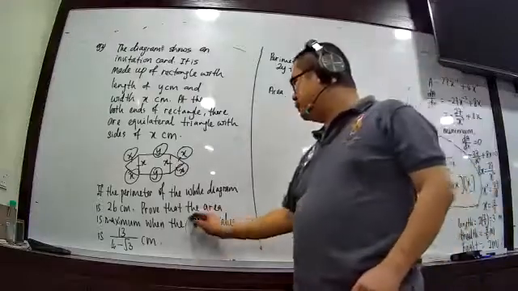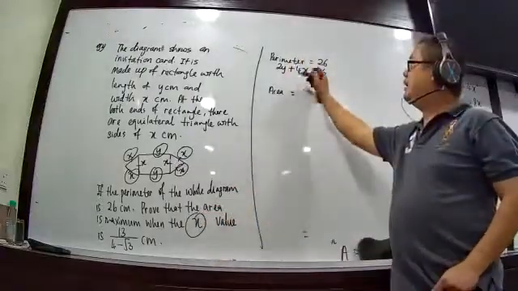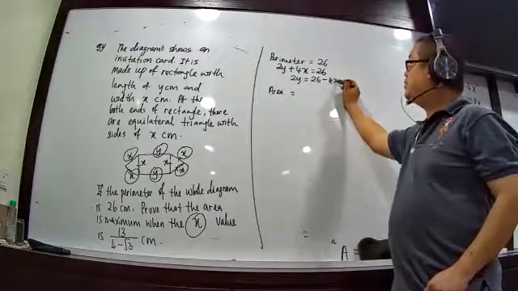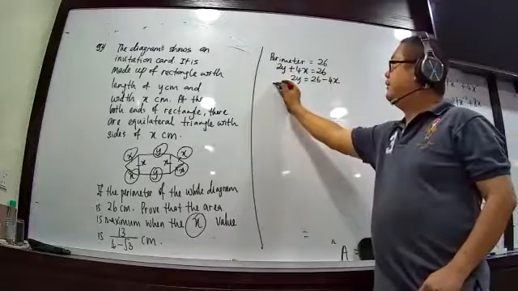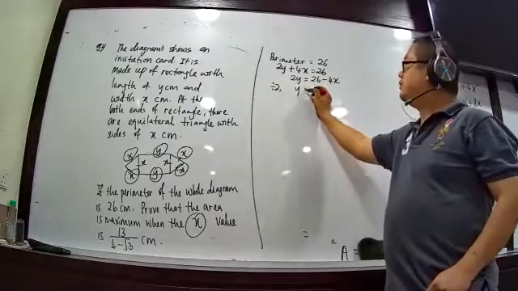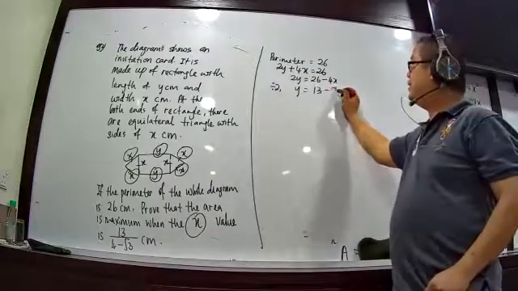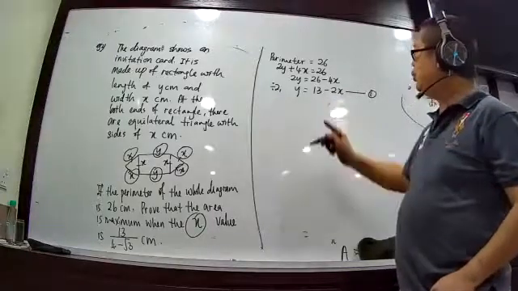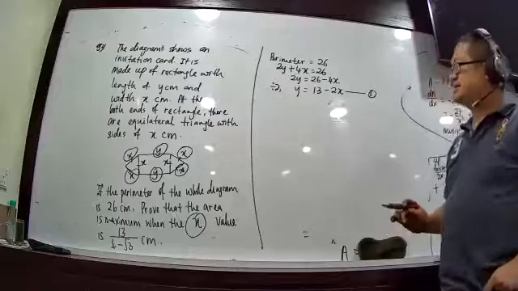Since they show you x, I don't want the y, so I try to eliminate the y. Divide by 2 and shift until only the y is left. So I know that y equals 13 minus 2x.